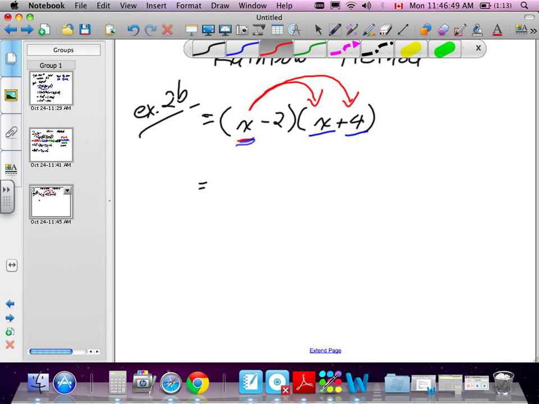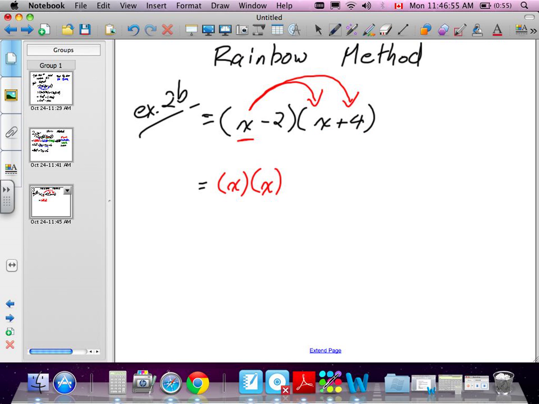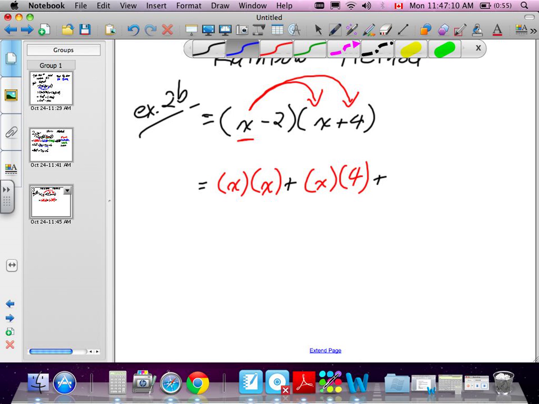So x times x will be our first ones, plus x times 4. Now that I've exhausted the first one, so I've multiplied by both terms in the second, I then take the second term in the first bracket, and I multiply it by both terms in the other bracket.